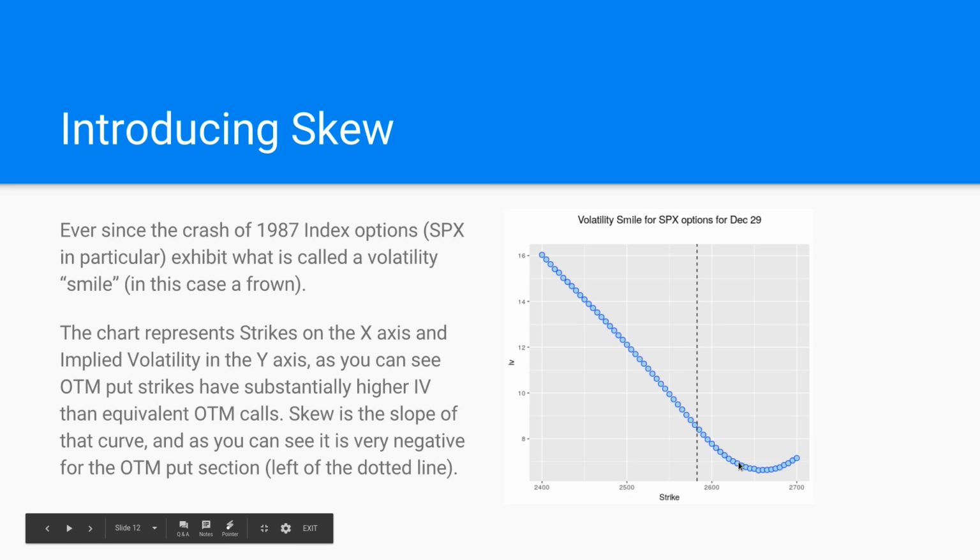If you pick a put that is, let's say, 80 points away from the money, it will cost you around 12 bucks. But if you do the same thing for calls, it will cost you not even 5 bucks, I guess. So the calls are incredibly cheap compared to puts. Remember that implied volatility is a proxy for price.